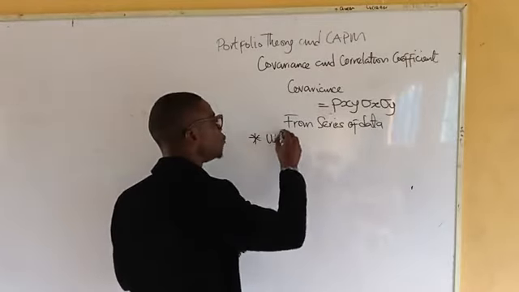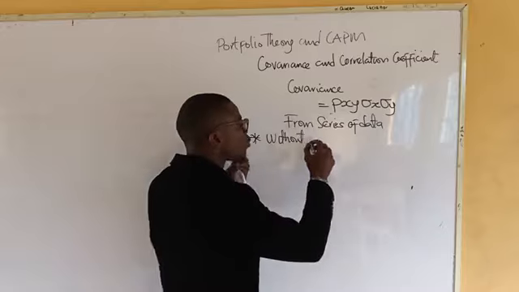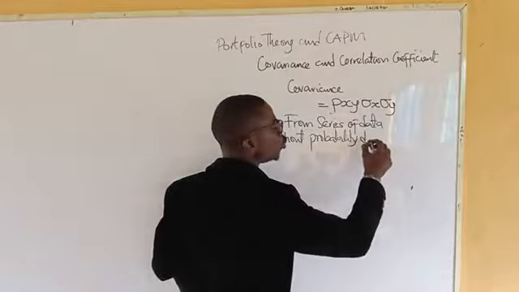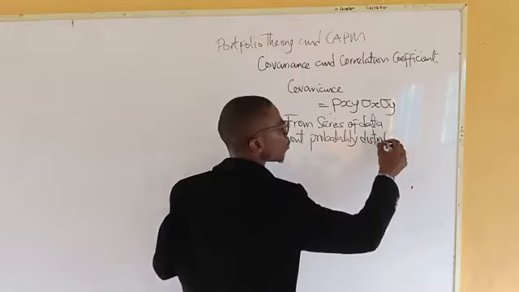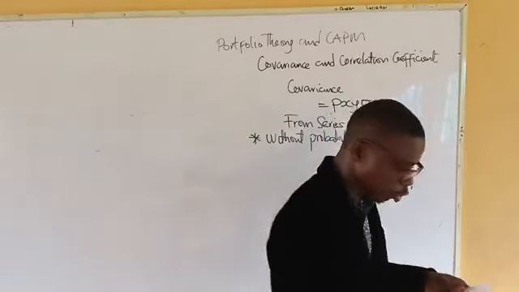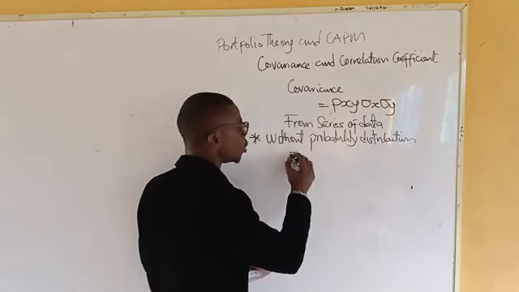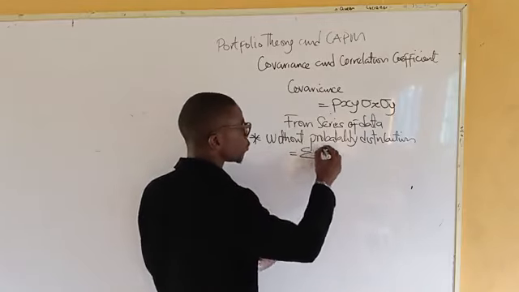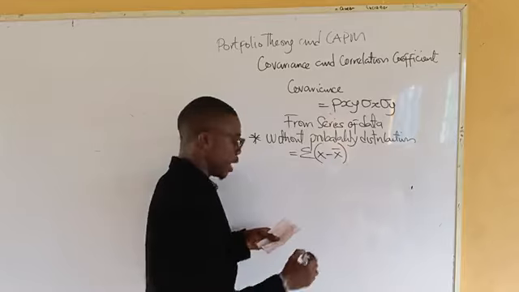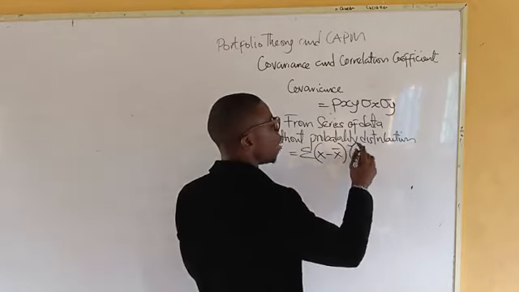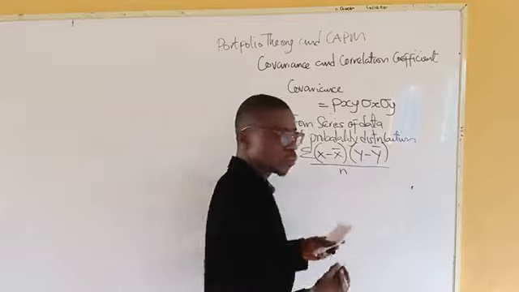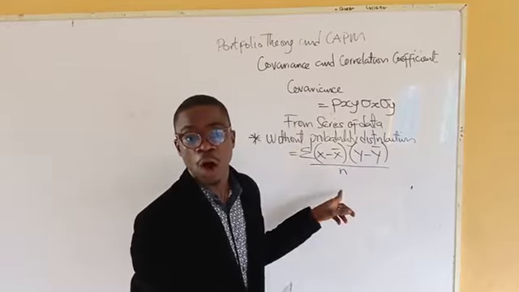So that means summation of bracket x minus x bar close bracket, open bracket y minus y bar, divided by N. What is your N? That means the number of data.